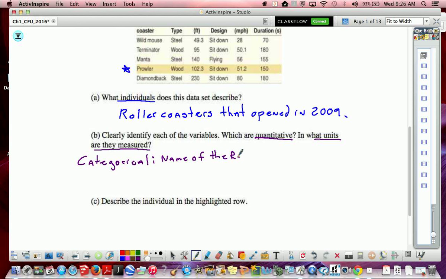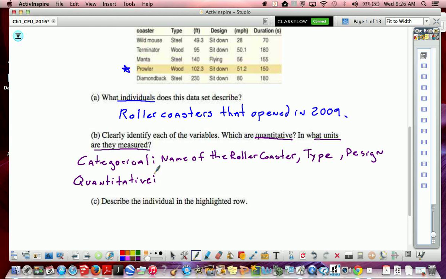the roller coaster. Okay. The type, so what it's made out of, because again, that's not numerical. Anything that's not numerical up here, and the design, I would consider categorical. Quantitative, that's our, again, numerical data.